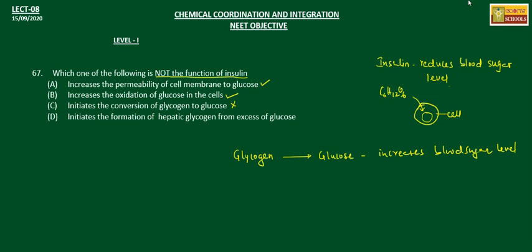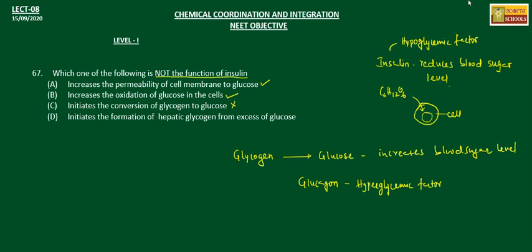This is the function of the hormone called glucagon. Glucagon is a hyperglycemic factor, so it helps in raising the blood sugar level, whereas insulin reduces blood sugar level. Hence insulin is a hypoglycemic factor.